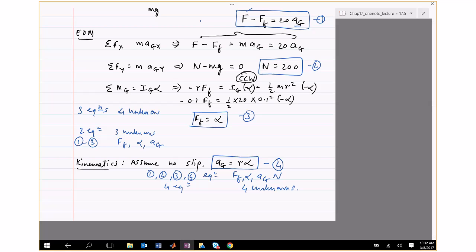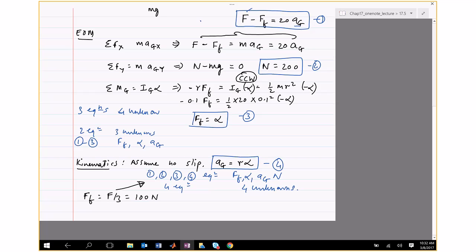So what you do is you find f. What I get for f comes out to be 100 newtons. How do I get this? Well, I can solve from four equations, four unknowns. So that's 100 newtons.